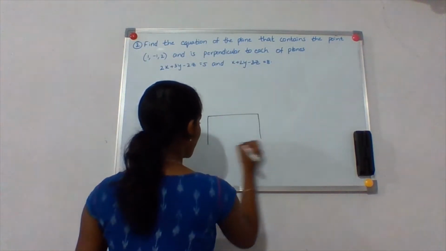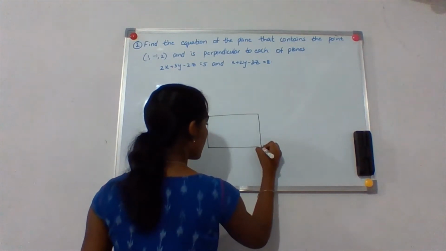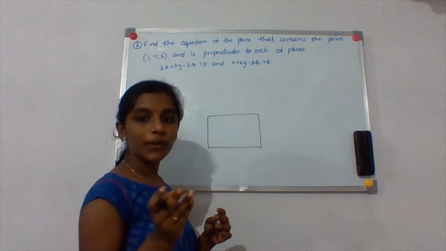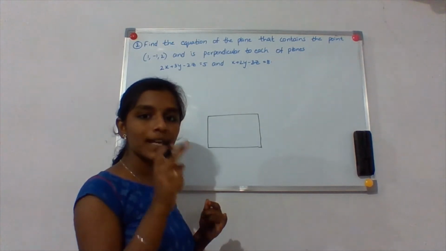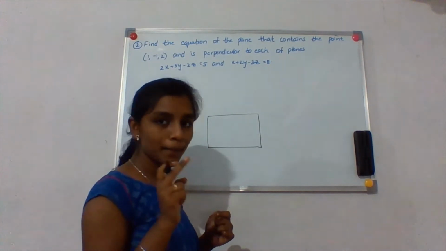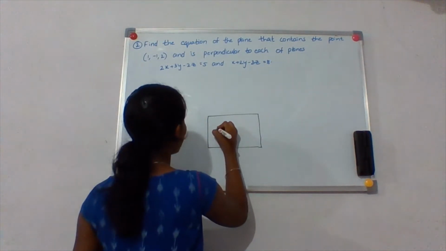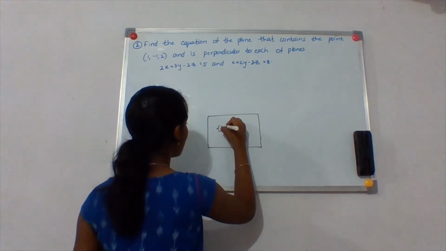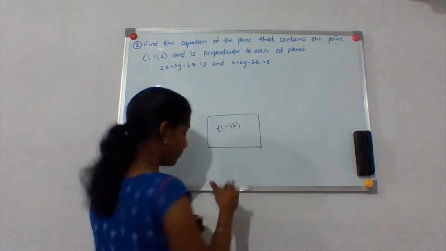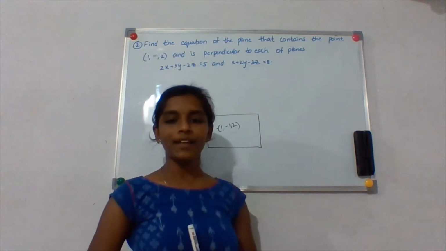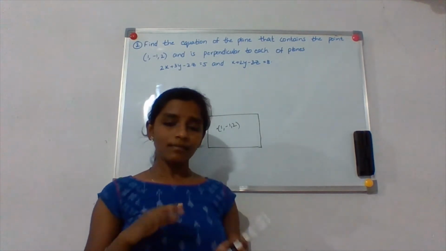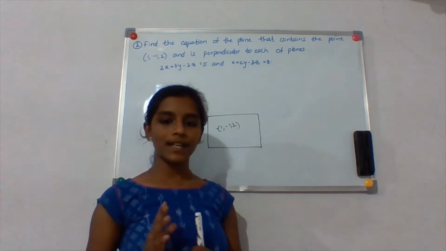There's a plane like this, and he has told us that there's a point 1, -1, 2 on the plane, right? So let us locate that point somewhere on the plane. This is the point on the plane. Now he gave us two perpendicular planes.